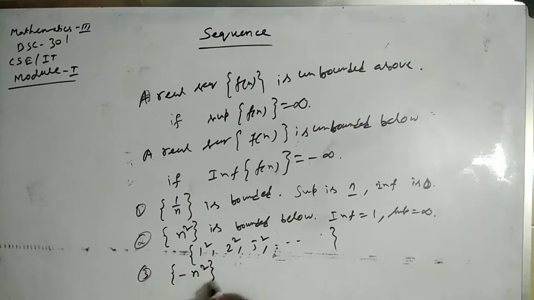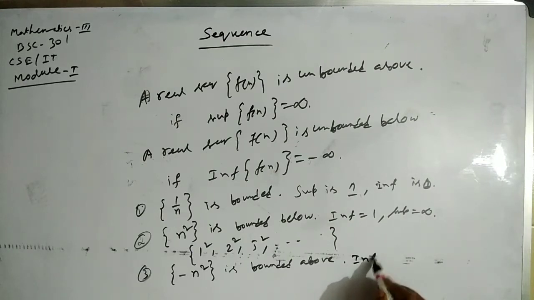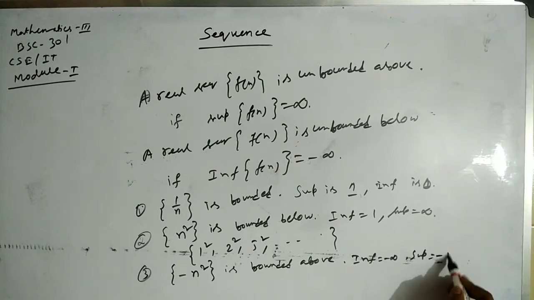Okay, next example, minus n square. Like the previous example, we can see that it is bounded above but not bounded below. It is not bounded below because infimum is minus infinity and supremum is minus 1. Since a finite supremum exists, this will be bounded above.